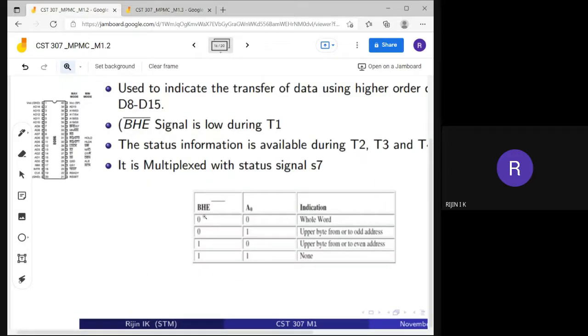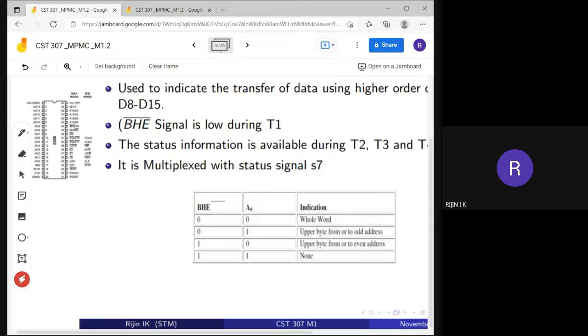BHE together with A0 will indicate the transfer of data. Here, if BHE and A0 are both 0, it means the whole word is being accessed. Then 0 1 means the upper byte from odd address. In our memory, we divide the memory into 2 sections, the even address section and the odd address section.